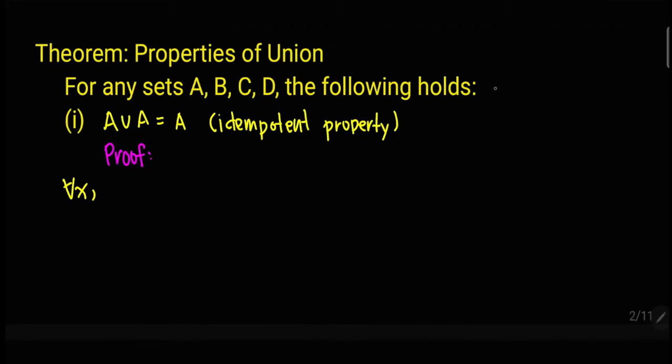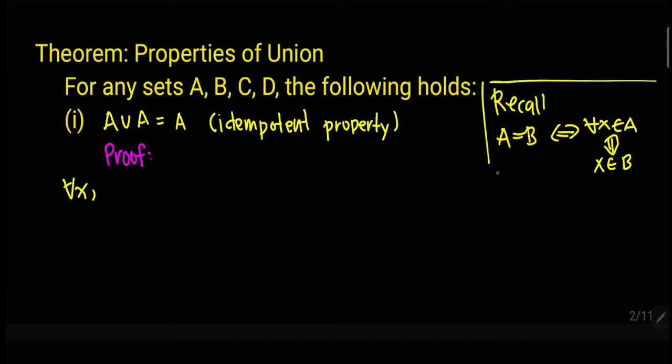So recall, A is equal to B if and only if every element X which is in A is also an element of B, and every element of B must also be in A. So that's how we prove equality of sets. We show that every element of A is an element of B and every element of B is an element of A. Now, this time, our left-hand side is A union A.